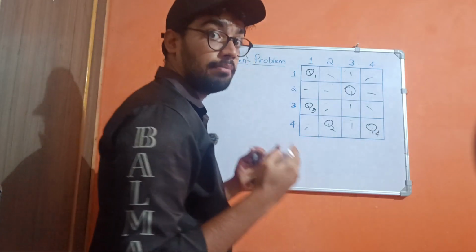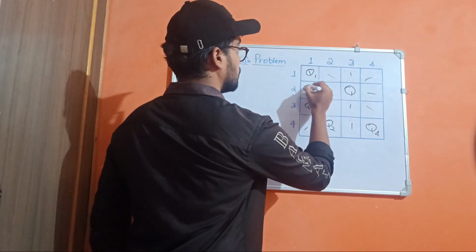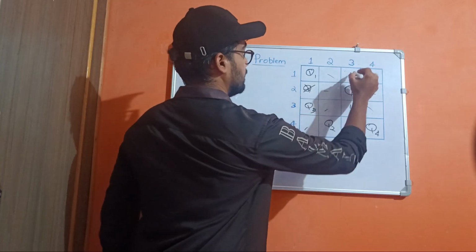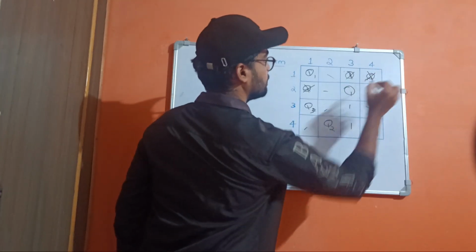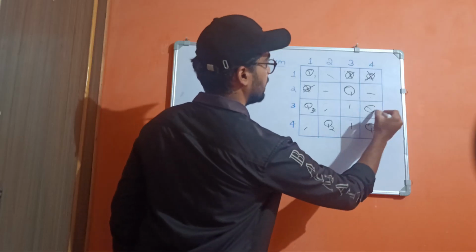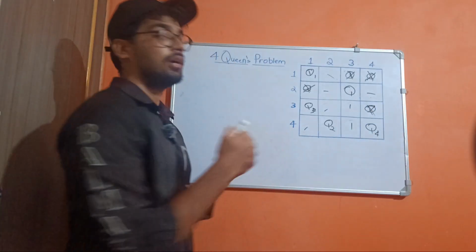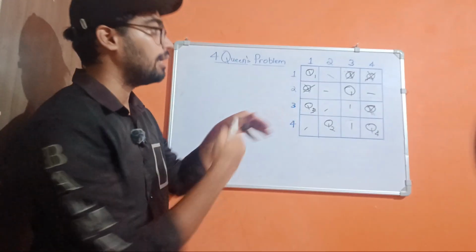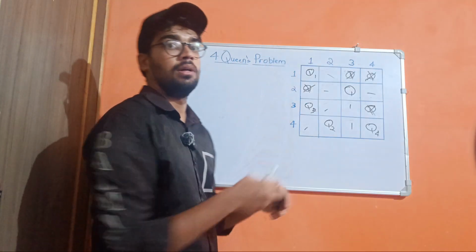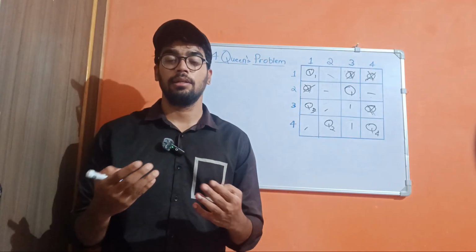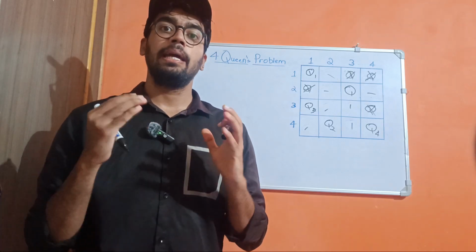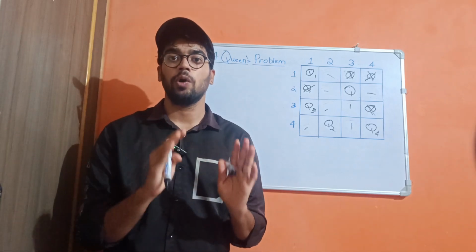But I cannot place the queen in this row, in this column, or in these diagonals. We cannot place the queen in the same row, same column, or same diagonal, which means the queens would attack each other. Keeping this in mind, we are going to solve this problem.